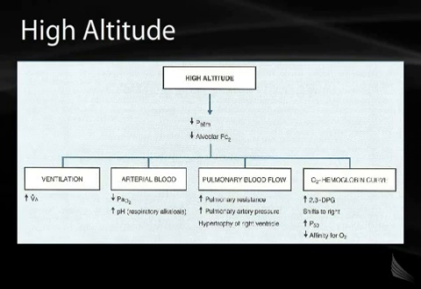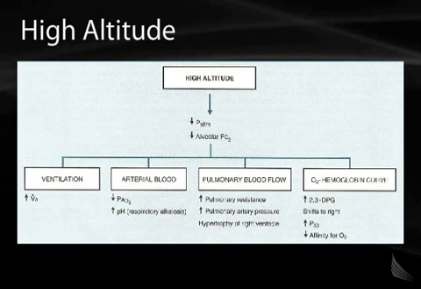The relative hypoxia, because of altitude, will cause an increase in pulmonary resistance as we undergo pulmonary hypoxic vasoconstriction. This will cause an increase in pulmonary artery pressure, and over time will lead to hypertrophy of the right ventricle. The oxygen hemoglobin dissociation curve, you can make an argument of whether it would shift to the right or shift to the left.